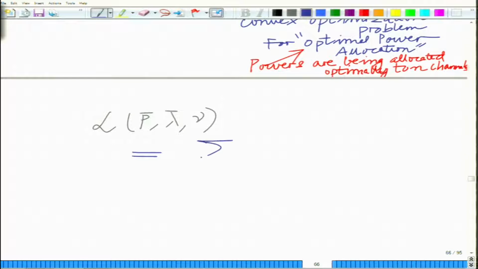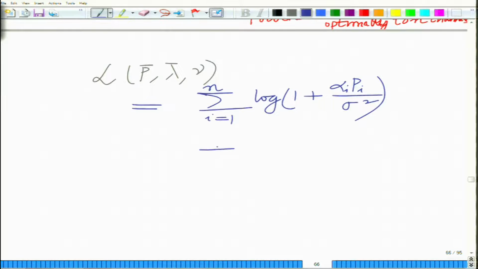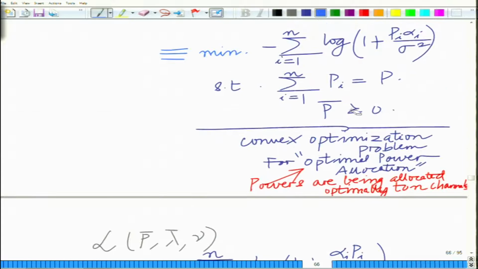So this will be the objective function, summation i equals 1 to n of log of 1 plus alpha i Pi by sigma square, plus nu times summation i equals 1 to n of Pi minus P, this is the equality constraint, minus lambda bar transpose p bar, because the inequality constraint is simply p bar greater than or equal to 0 component-wise, or minus p bar less than or equal to 0.